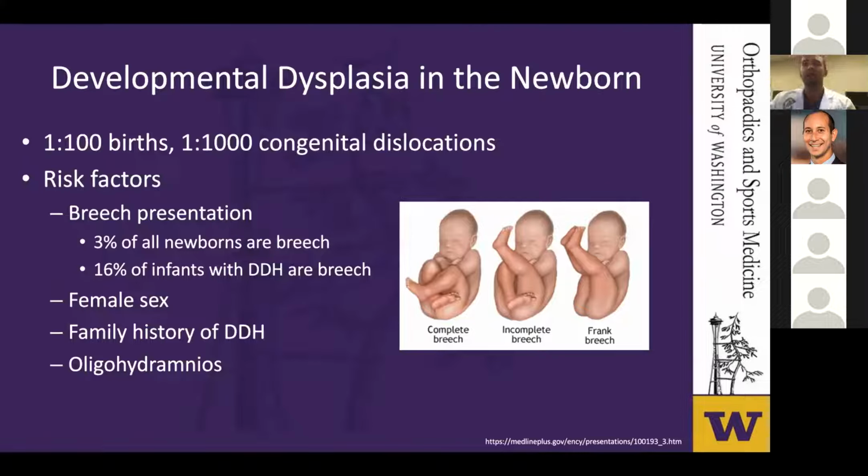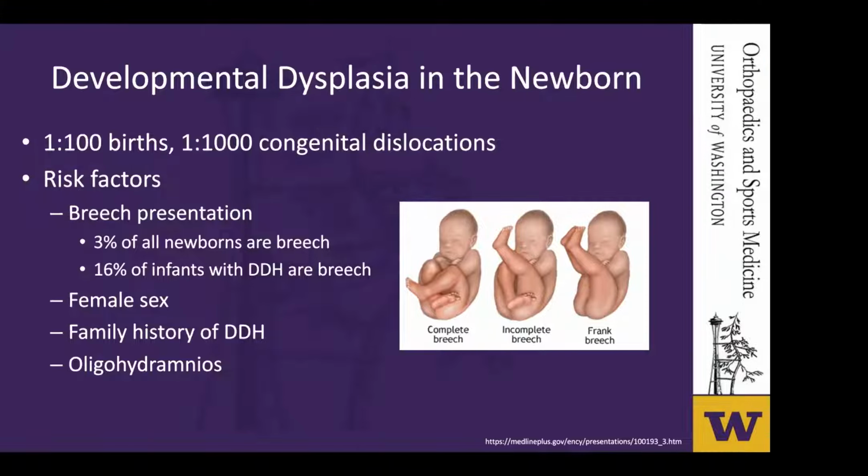Developmental dysplasia is a common issue. It's diagnosed in 1 in 100 births, and 1 in 1,000 have a congenital hip dislocation. Some risk factors involve breech presentation foremost. 3% of newborns are born breech, but interestingly, 16% of infants with developmental dysplasia of the hip are breech presentation.